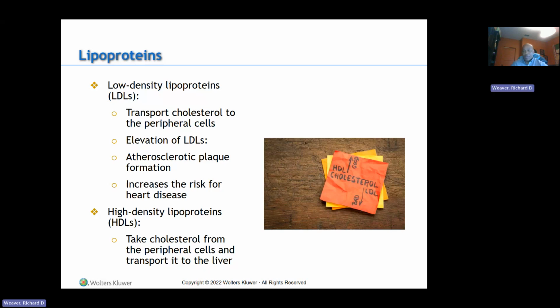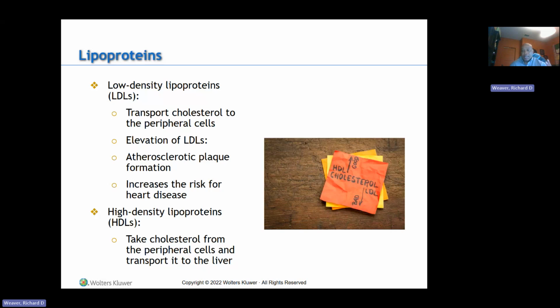Because it will eventually be directed to the small intestines, and then that's when it will be excreted in the stool or feces and whatnot.